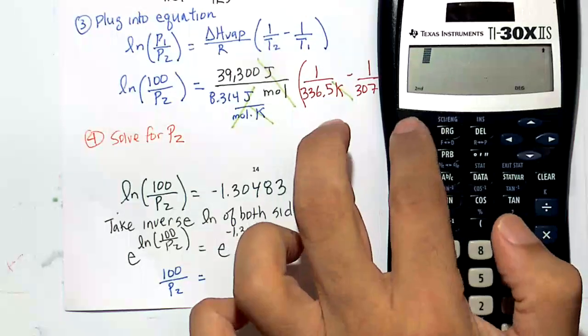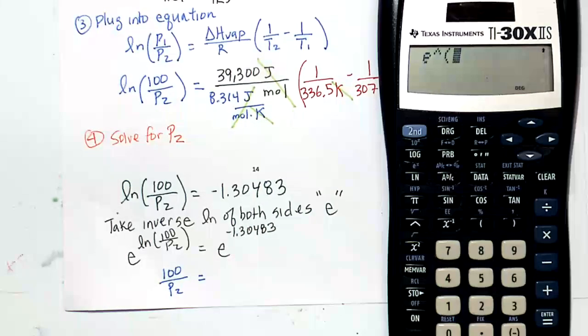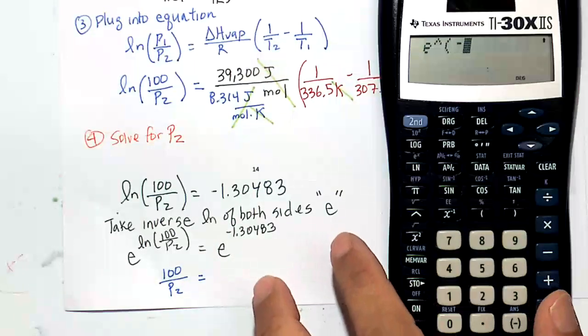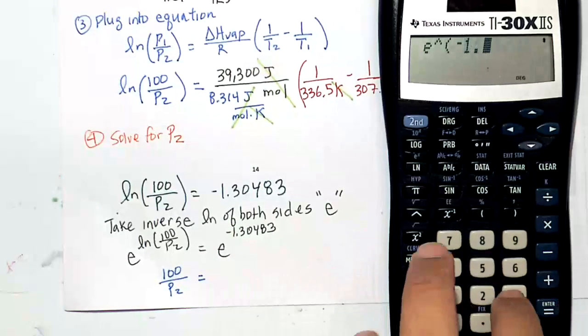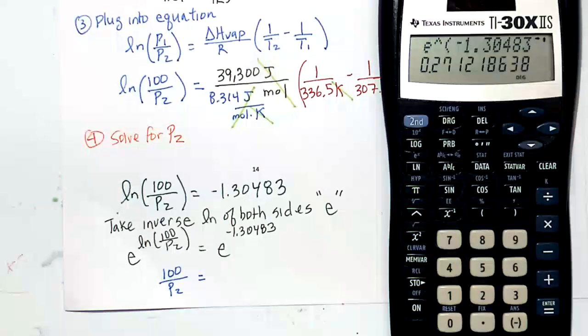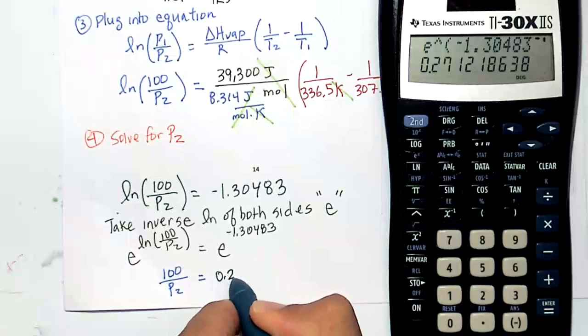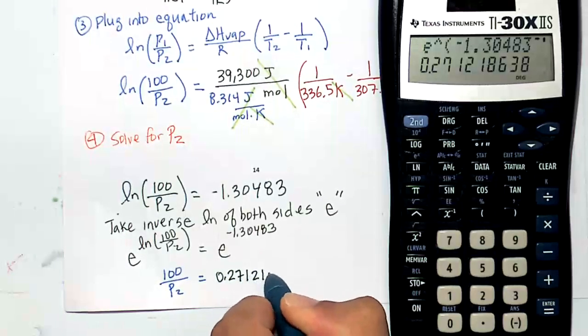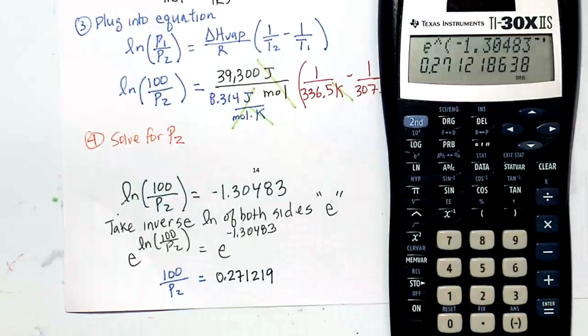Second, natural log, minus 1.30483, close the parentheses. 0.2712. I'll put some extra digits here: 0.271219. The final answer will have the right number of significant digits.